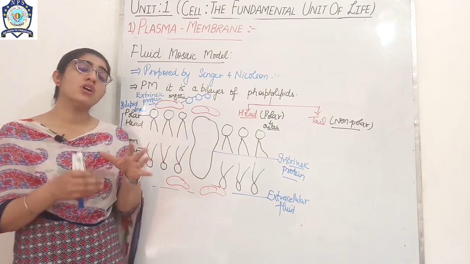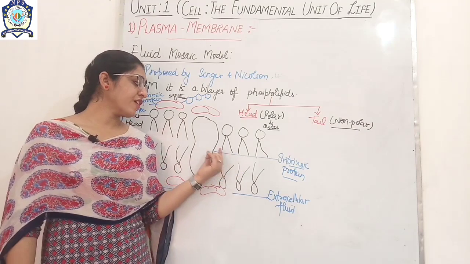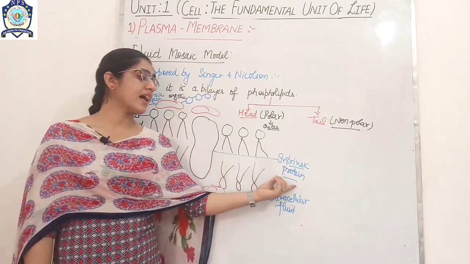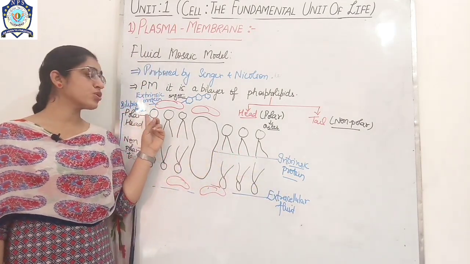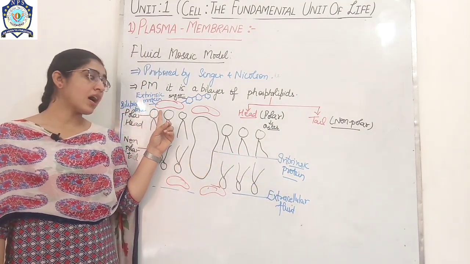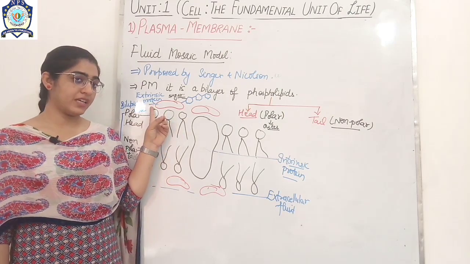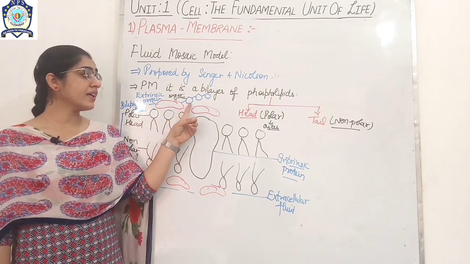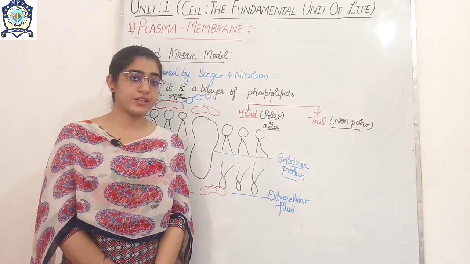And also the proteins, they are either embedded, and if the proteins are embedded in the bilipid layer, then they are known as the intrinsic protein, and if they are present superficially on the outer side, then they are known as the extrinsic protein. And also on the extrinsic protein there is attached a chain of sugar molecules.